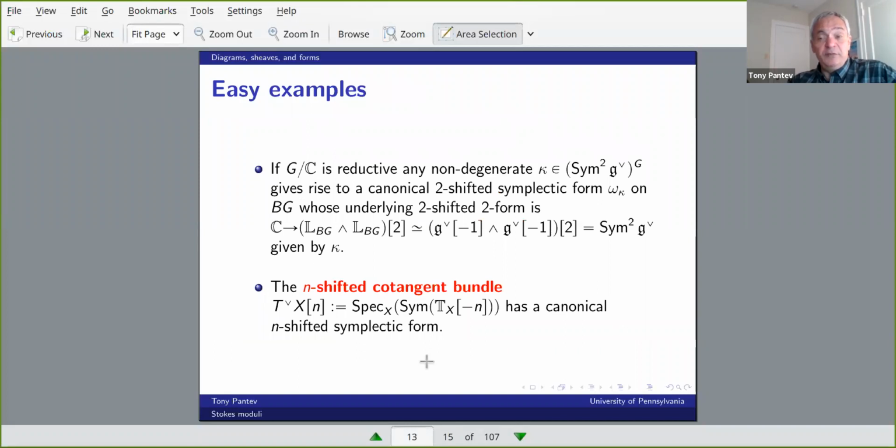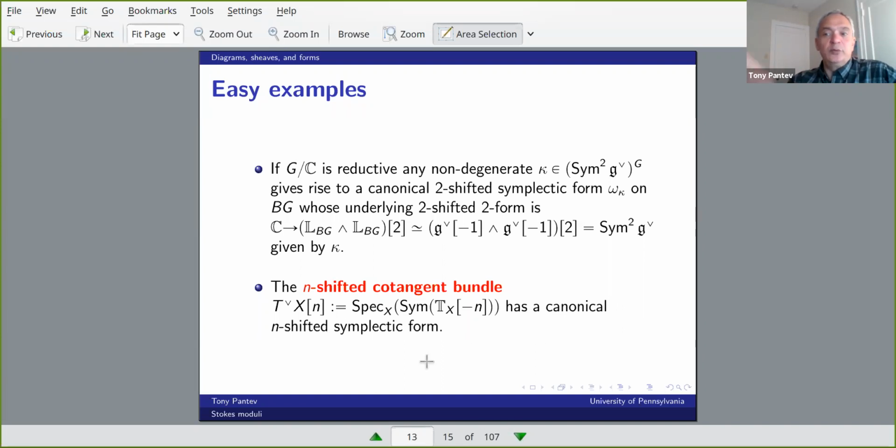Okay, so just a couple of easy examples of these forms and symplectic structures. If you have a reductive group, then a choice of a non-degenerate invariant quadratic form gives you a two-shifted symplectic form on the classifying stack. Because the cotangent complex of the classifying stack is just the dual of the Lie algebra in homological degree 1, and the second wedge of that shifted by 2 is just the quadratic forms.